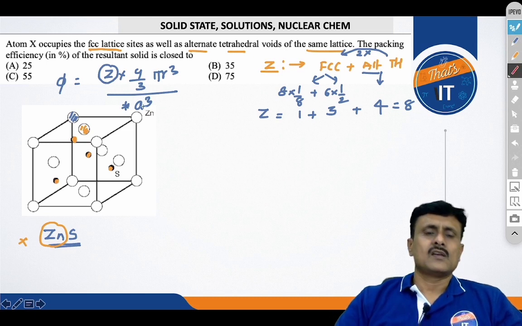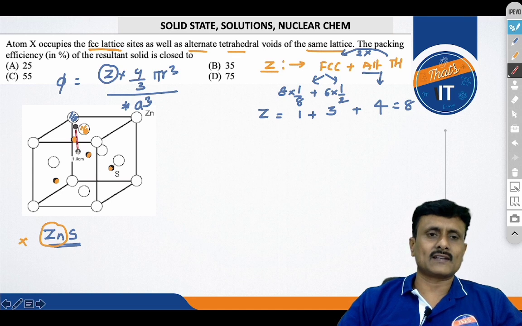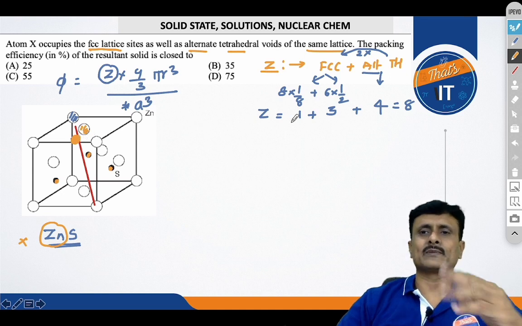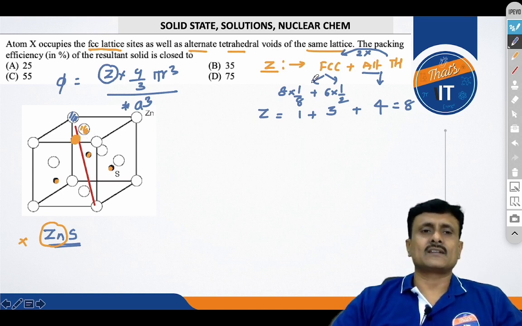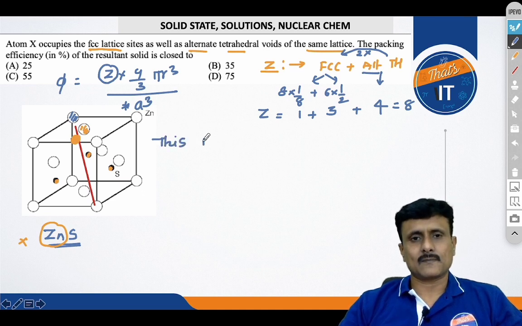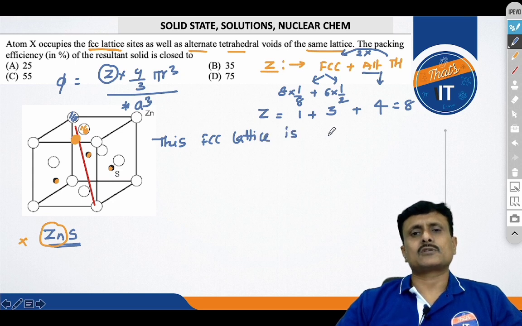Now we have to look into this thing, right? You know, for that I would take the body diagonal into consideration, right? If you want to solve this question, you should have the idea about the tetrahedral position, isn't it? So I am going to pull it a little bit onto the body diagonal. Now you know that this FCC lattice is distorted.